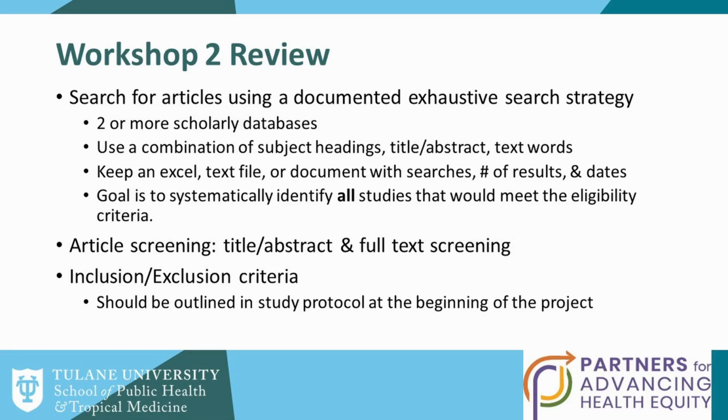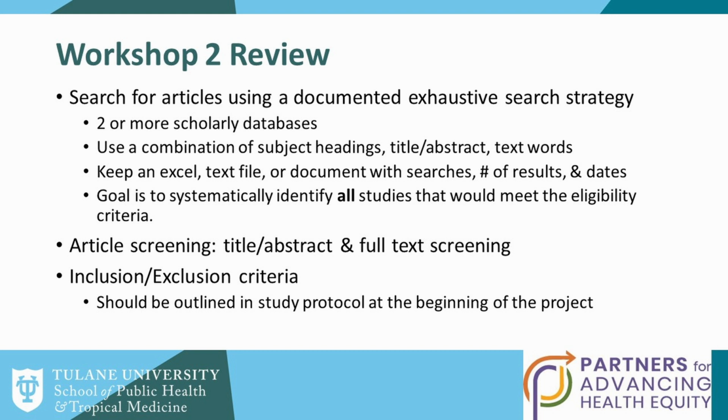I'm going to go back to the slides really quickly. I just quickly wanted to review the main takeaways of workshop 2. That was all about finding the information for an evidence synthesis and getting started with sorting through that information. We recommended that when searching for articles, you want to document everything.